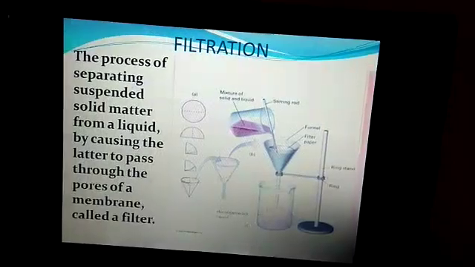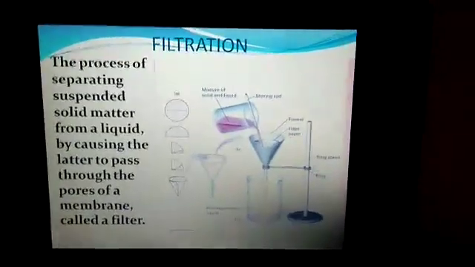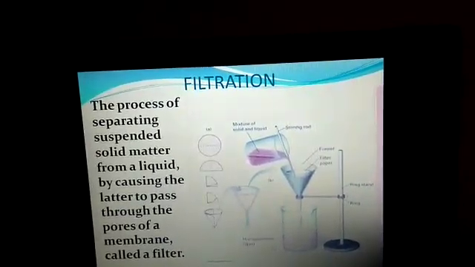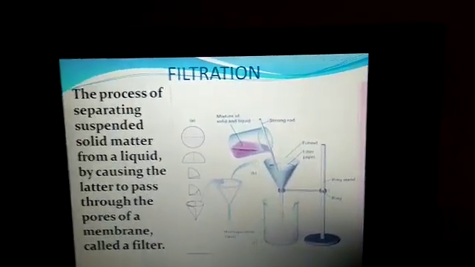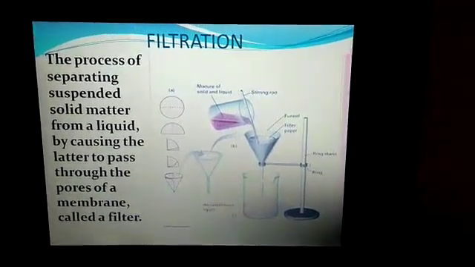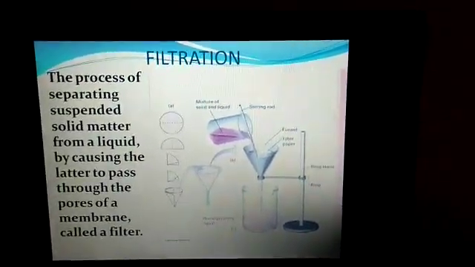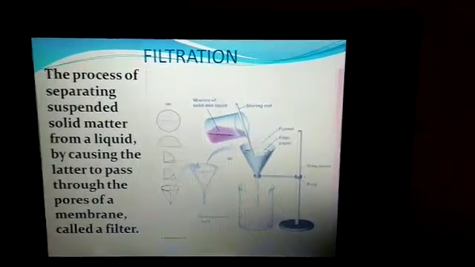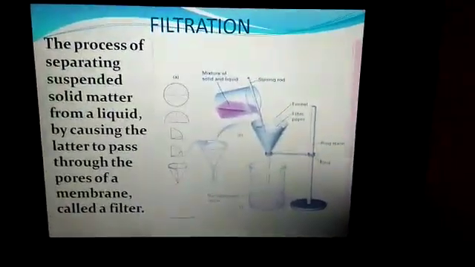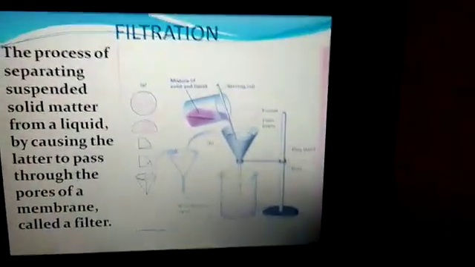Now the next method is filtration. It is a process of separating suspended solid matter from a liquid by causing the latter to pass through the pores of a membrane called a filter.